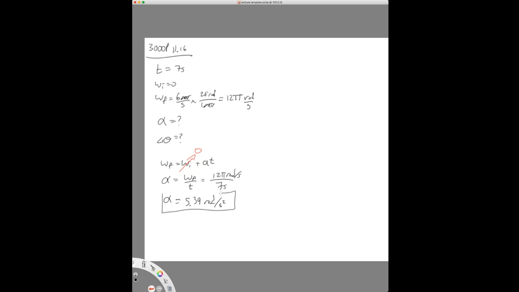So once I have alpha, I can find delta theta. Let's go ahead and pick the first equation. Delta theta equals omega initial t plus 1/2 alpha t squared, where again we can cross out the first term, the omega initial is 0. And we're going to get 1/2 times 5.39 times 7 squared.